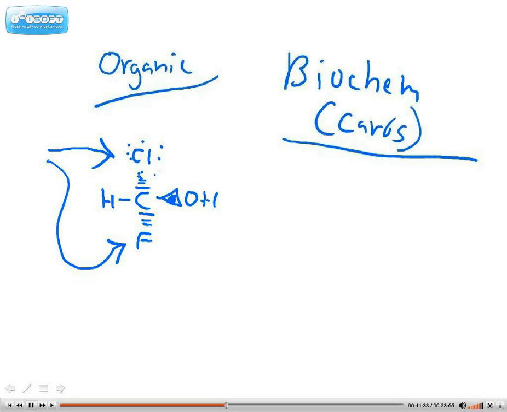In general, cells do not contain molecules that contain chlorine. Chlorine is actually a poison. This would be classified as just a general organic molecule.